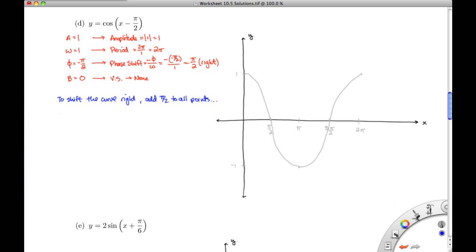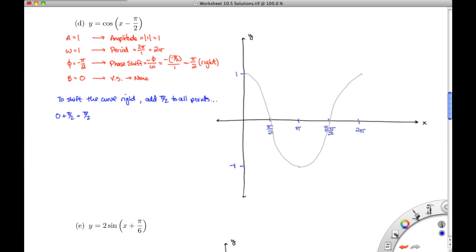So for 0, we'll add pi over 2. That's going to give us pi over 2. And let's go ahead and start labeling this up. So the amplitude's unchanged. We got pi over 2. We've got pi. We've got 3 pi over 2. And we've got 2 pi.